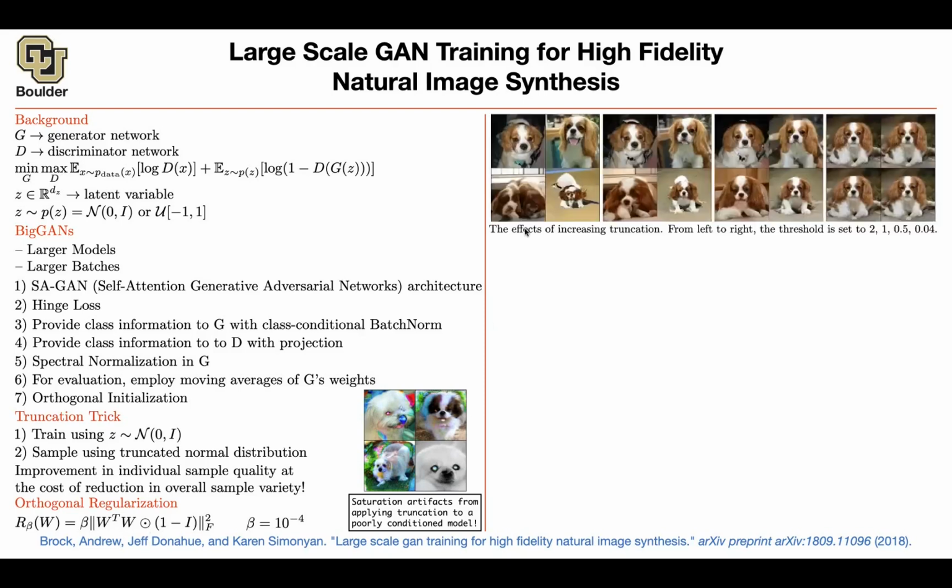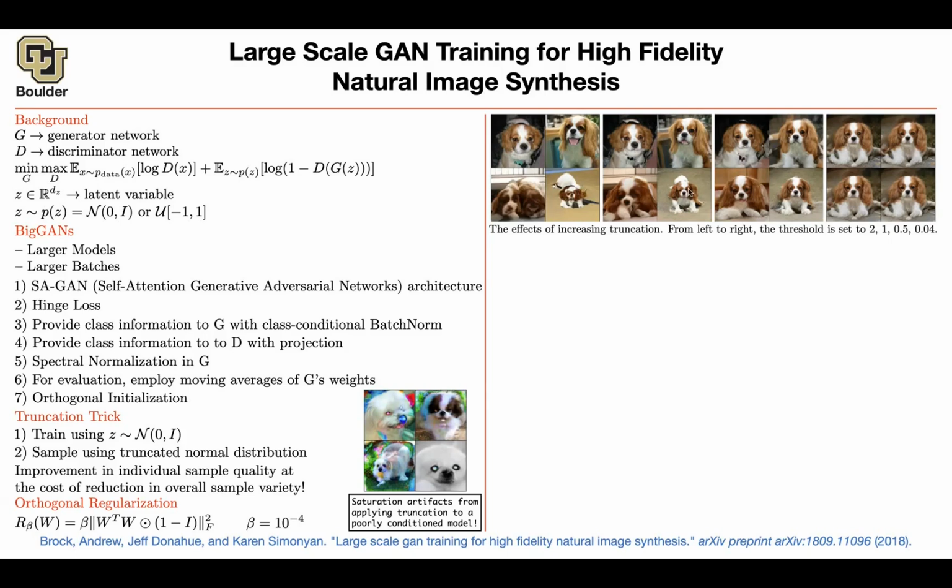What do you get? Let's study the effect of this truncation. If you truncate more, it means that you shrink the interval that you're truncating from 2 to 0.4. Initially you have a variety of images of dogs, because now you're conditioning on the class of dogs. So you're going to only generate dogs, but it's a variety of dogs.